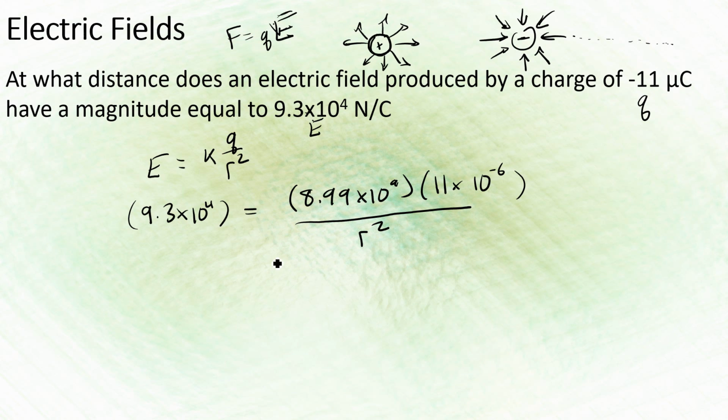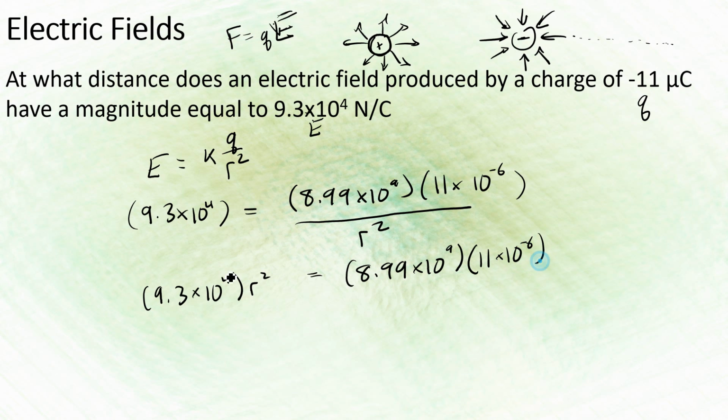And we'll cross multiply, so we get the r on the other side, and then we'll divide by this right here. That was a positive 4.